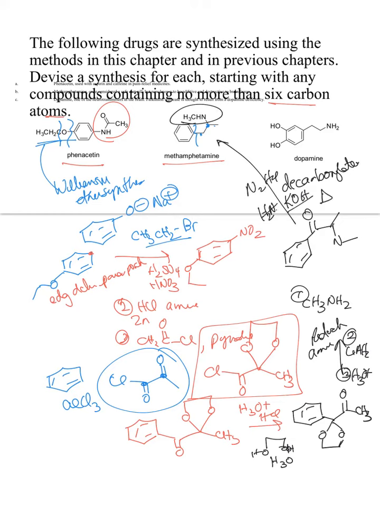Okay, so Wolff-Kishner reduction, you've got this product now, and then you need to also add H2SO4 and HNO3 so you can make the nitro group, and that would be, the OH is more activating than the methyl, so you can make that go ortho, and then you'd want to reduce that with zinc and dilute HCl.